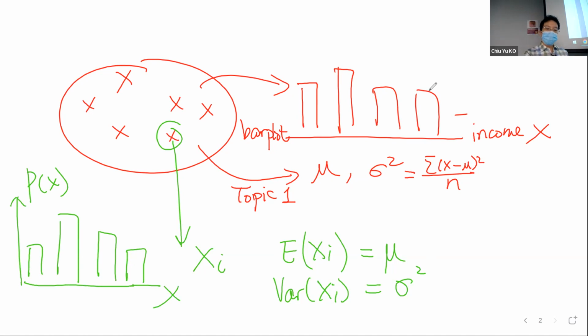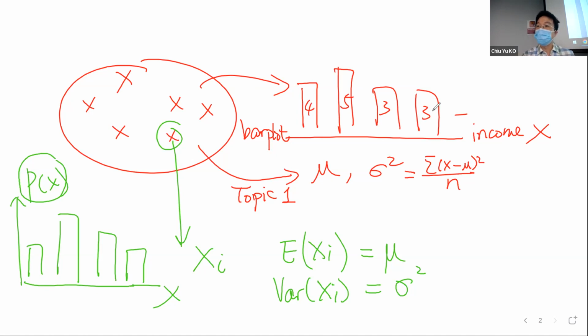So you have a bar plot from the income data, and when we talk about the big P, the probability, it's exactly the same shape. You might be a little confused: suppose this is a 4, this is 5, this is 3, this is 3, the heights. Why do you say these two are the same?